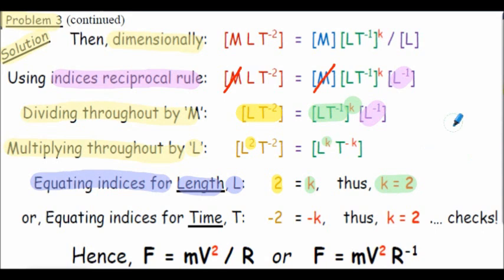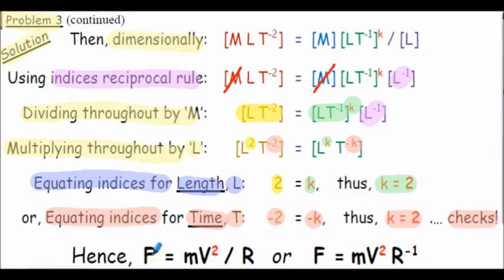I was asked to determine the exponent K, it's 2. And just note it could be checked by equating the indices for time, capital T. So in the above formula here, on the left hand side I have negative 2 for T, and negative K on the right hand side. So again we can clearly see that K is equal to 2. So we've checked the above value.